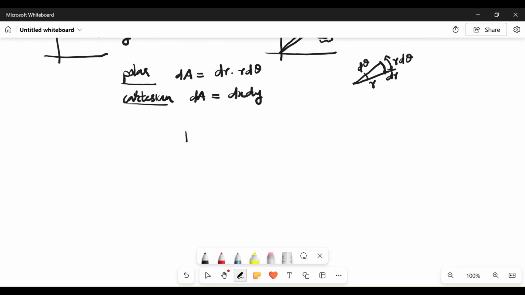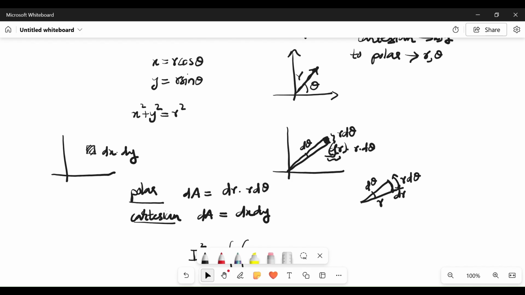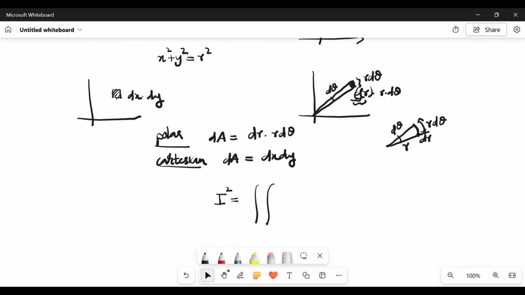So the integral becomes I square equals, so the limits will also change. Here you can see that it was e raised to minus r square, and that was dA, so that will be r dr d theta.